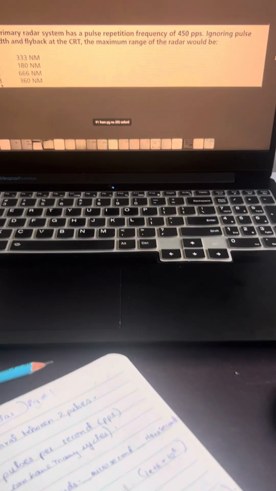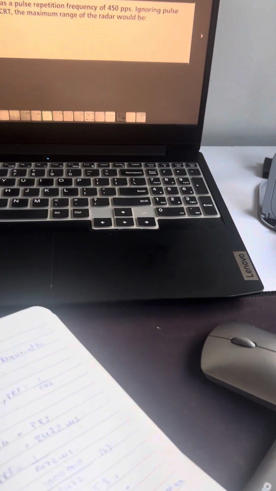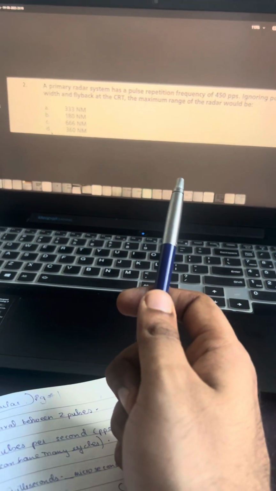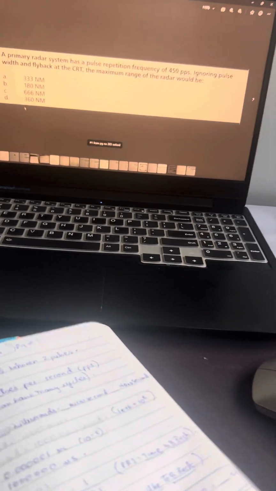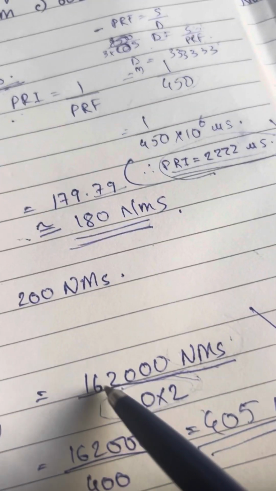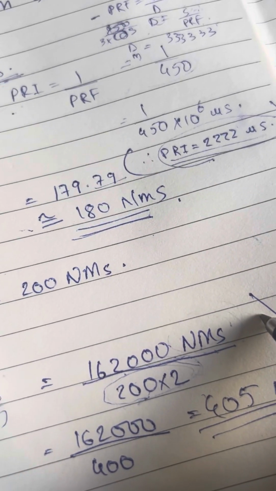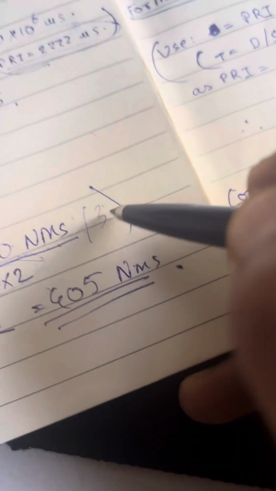Here there are two ways you can go about it. Speed will be the speed of light, and either you can first solve in meters and then convert into nautical miles, or you can do nautical miles and then convert into meters. So the thing that we need right now is the speed of light. Speed of light in nautical miles is 162,000 nautical miles per second, and in meters it is 3 followed by 8 zeros.